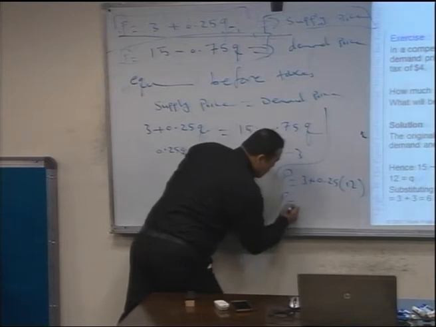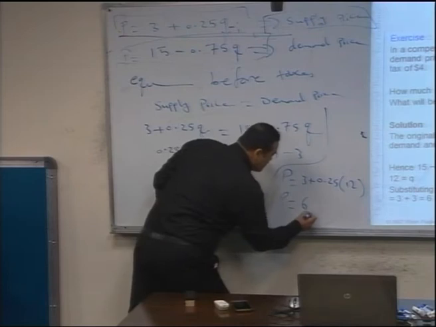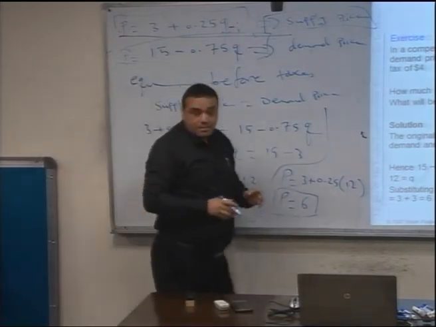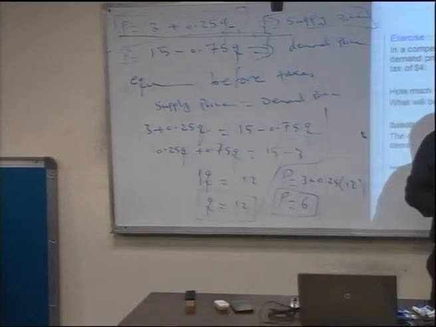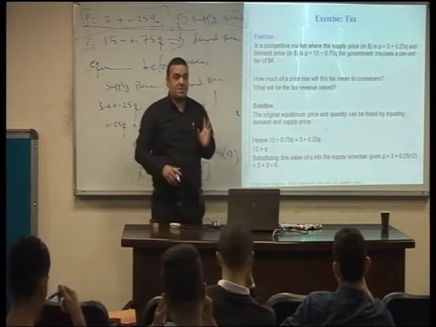So the equilibrium price equals 6. This is the equilibrium before imposing a per unit tax.